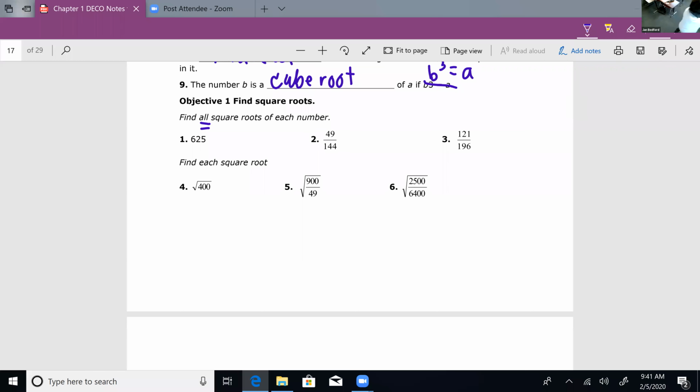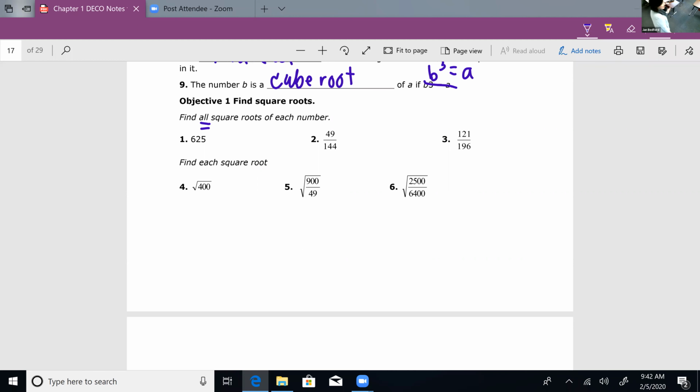If the question says find all square roots of each number, and I don't see a square root sign on top of any of these things, how many roots will there be? Is it more than one or just one? There's a positive and a negative. Very good.